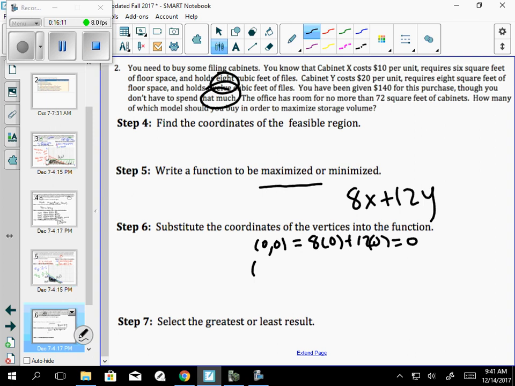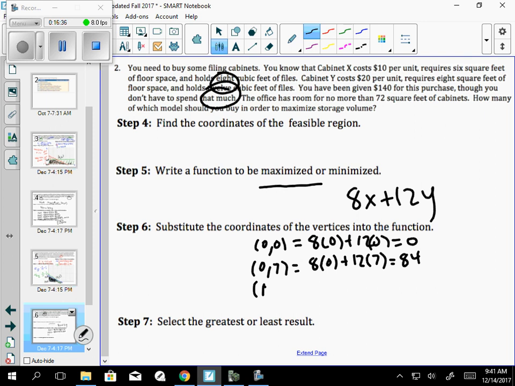Another point that we need to check is 0,7. If we check that one, 12 times 7 is going to give us 84, so we could get 84 cubic feet on that one.